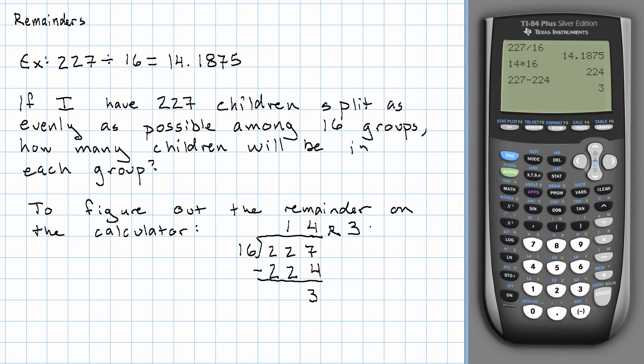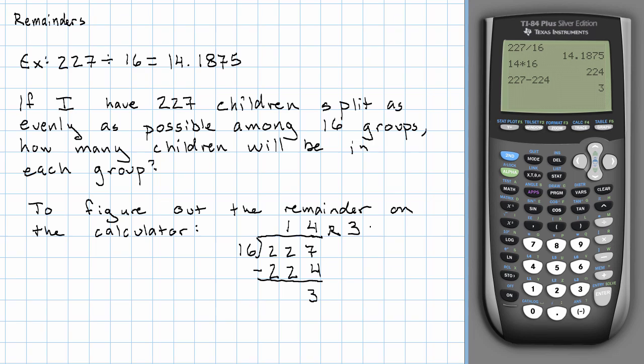And now we need to come back to the story and use some common sense. If I'm trying to split these children evenly into the 16 groups, and I have 3 children left over, what am I going to do with them?